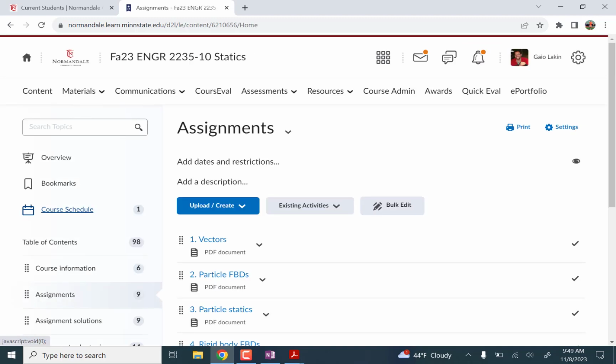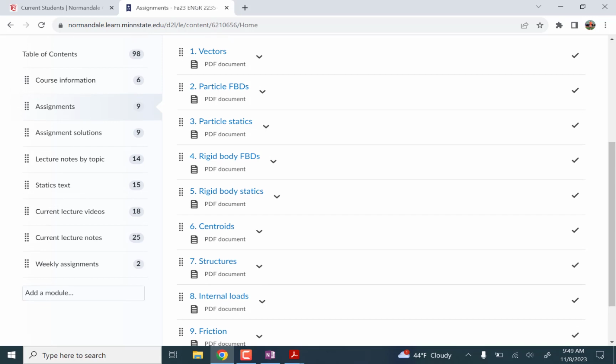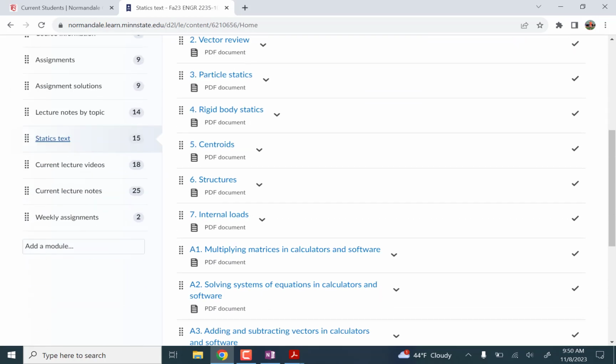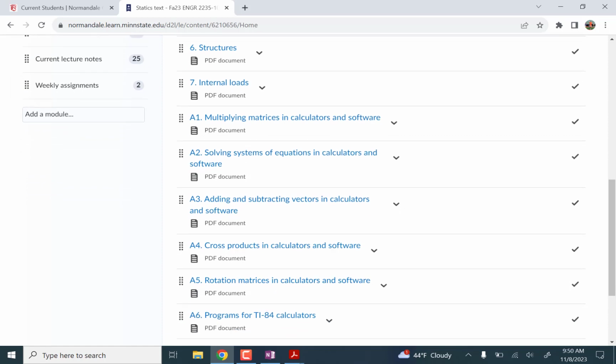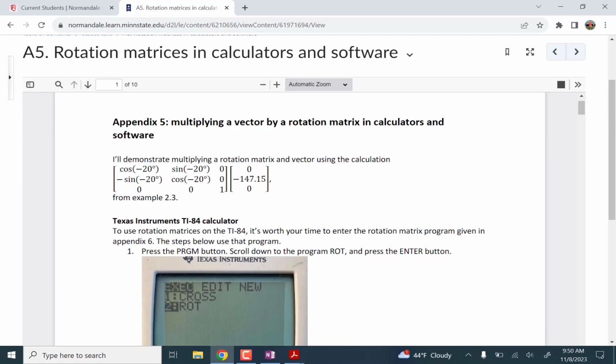Okay, go to content, statics text, and then the A one. Okay, multiplying matrices, solving systems of equations, rotation matrices. Oh, cool. I didn't realize this was the other thing.